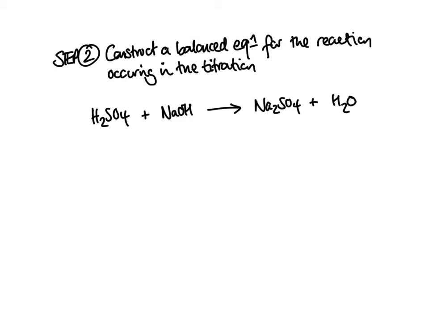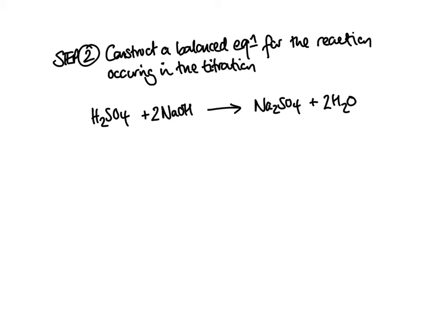Obviously we're not happy that we've got 2 sodiums on this side and only 1 sodium on this side, so to balance this out we need to put 2 NaOH, but then this leaves 2 OH on this side, and only 1 OH accounted for on this side, so we put 2 there.